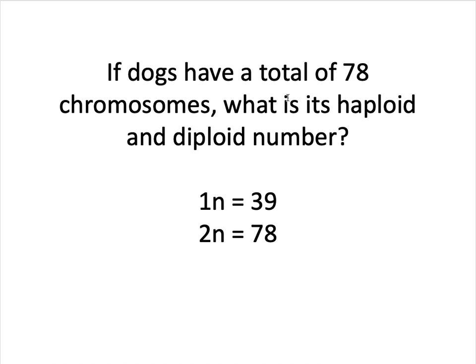And then to find the haploid number, it's just half of that, which is 39. So its haploid number is 39. So 39 chromosomes from the egg comes together with 39 chromosomes of the sperm. They fall in love, they mate, and then you get the diploid number of 78.